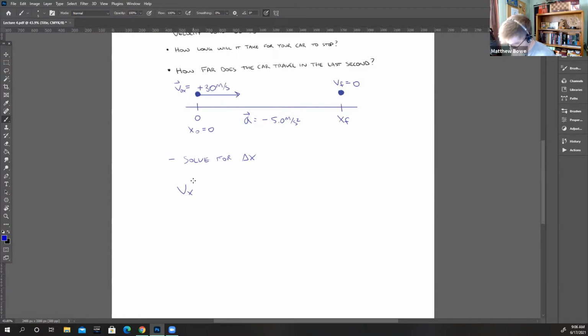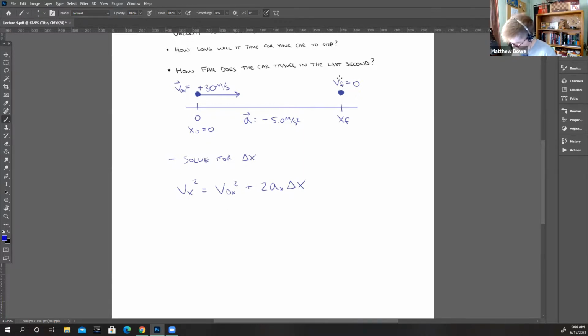V of x squared. Now here, the subscripts you could just think of as final and initial.